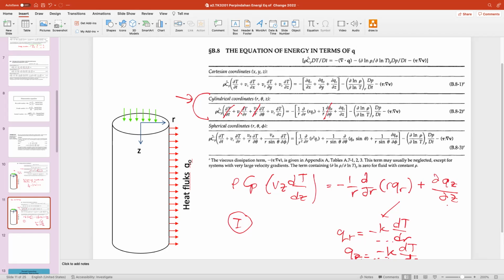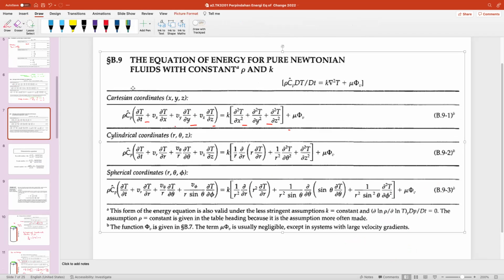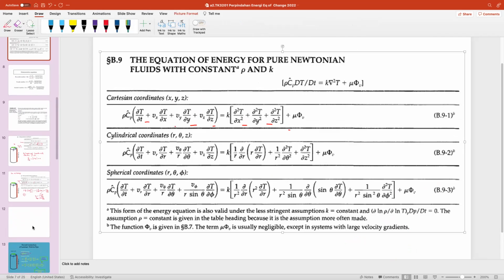Actually both are okay, because if we add the Fourier's law to appendix B8, that becomes appendix B9. Okay, and then let me copy appendix B9 over here. So what happens if, for example, we use appendix B9?